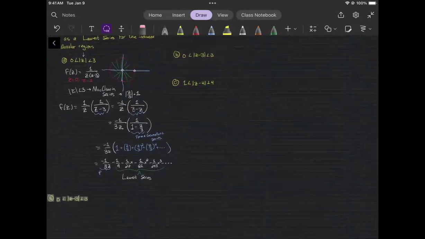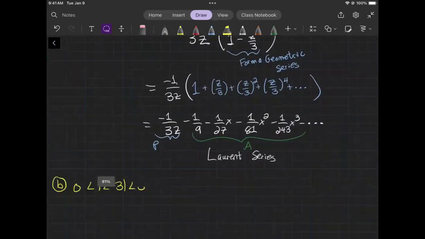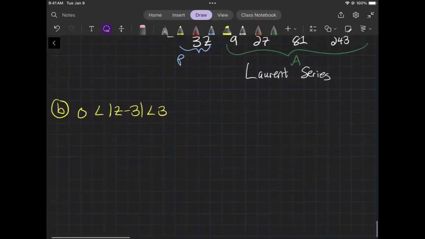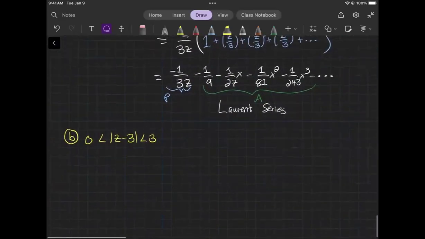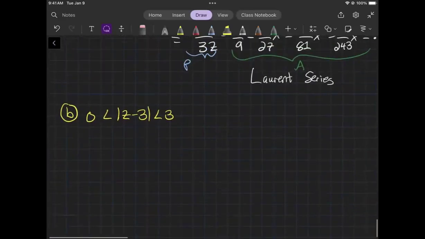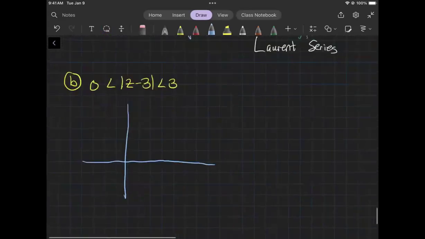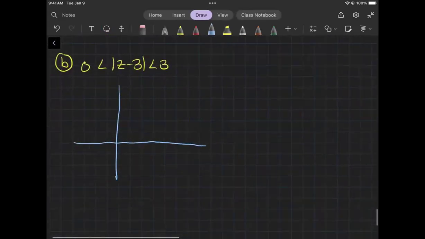Part B was where we wanted to formulate a Laurent series for this annular domain. Let me scroll down. So it's a good idea to draw what these regions look like.